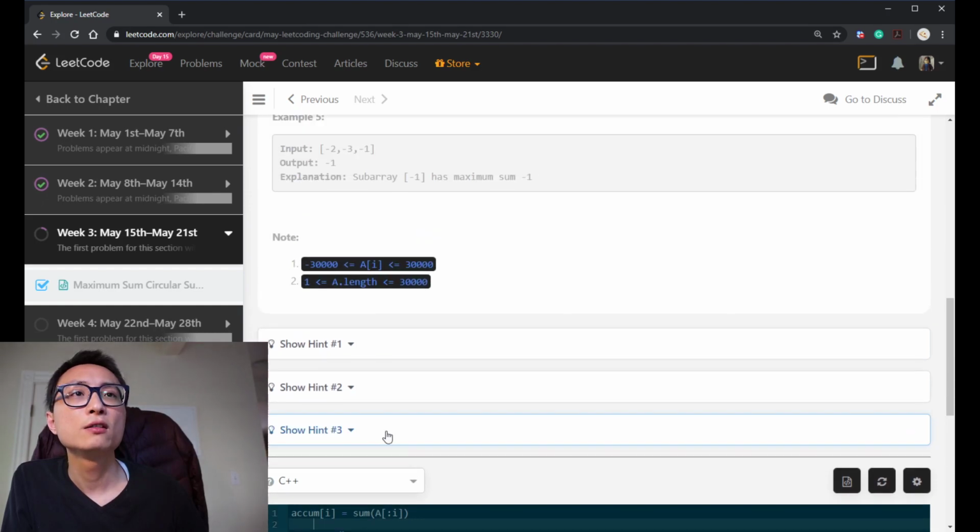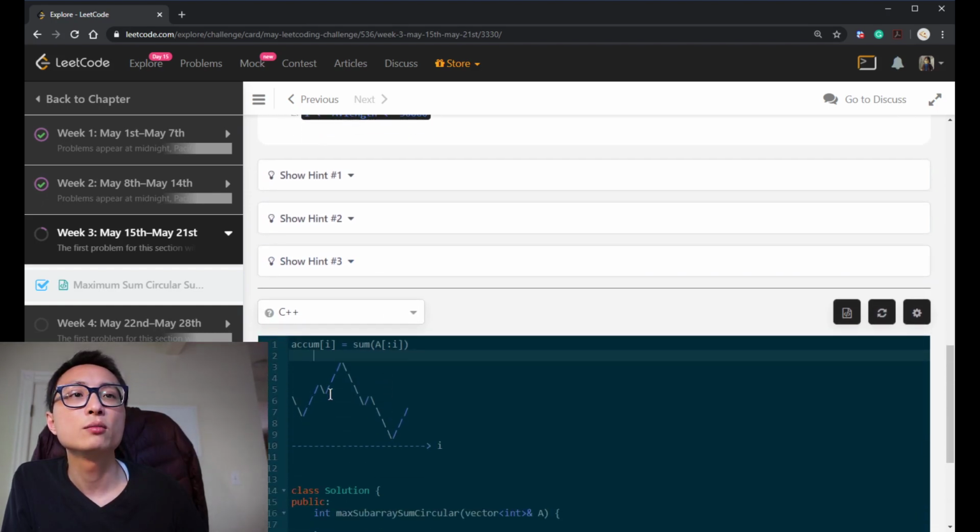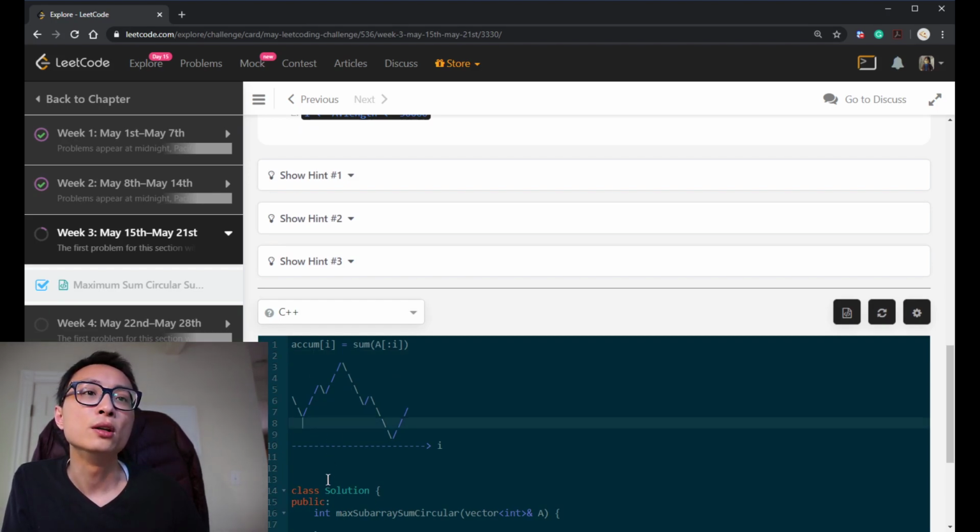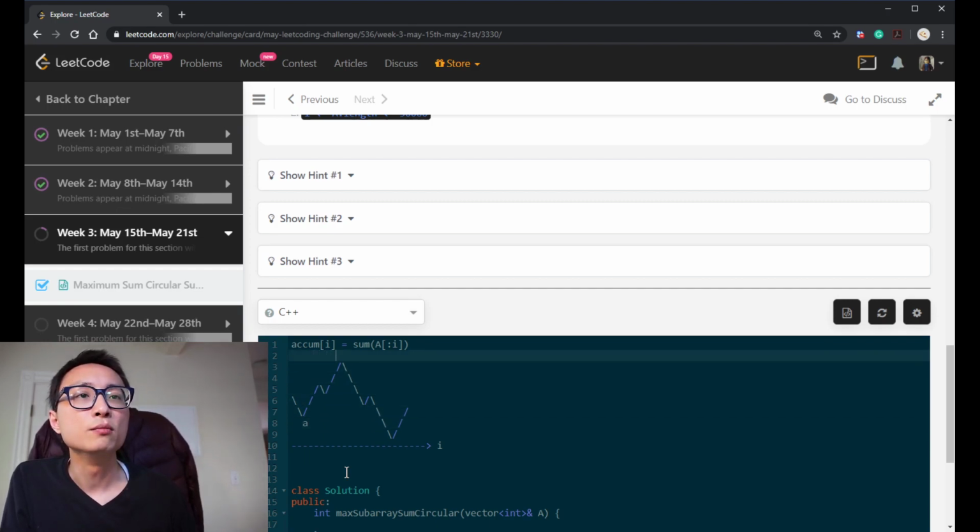In fact, what Kadane's algorithm, the maximum subarray sum that solves this 1D problem with no cycle, does is identify a low point here, let's call it A, and find another position B here, such that the height difference between these two is as high as possible.